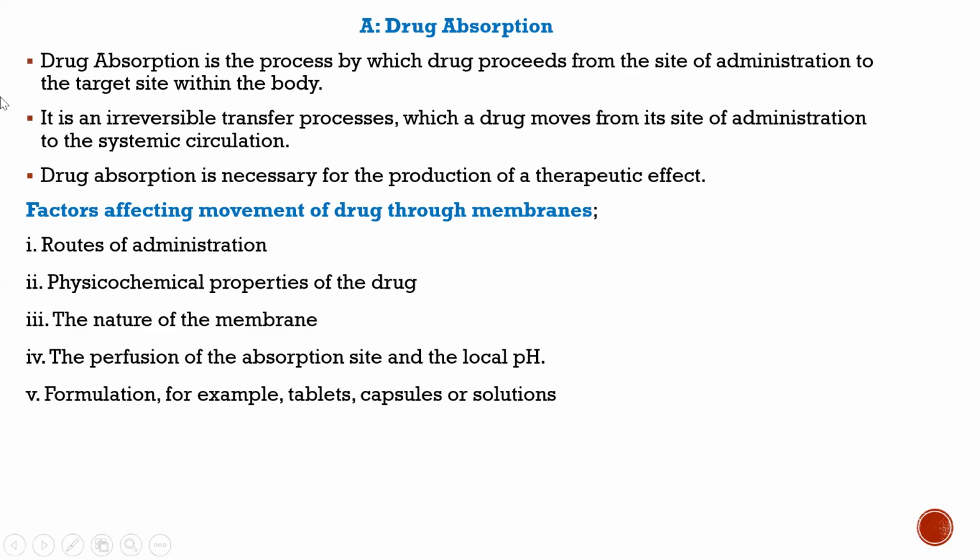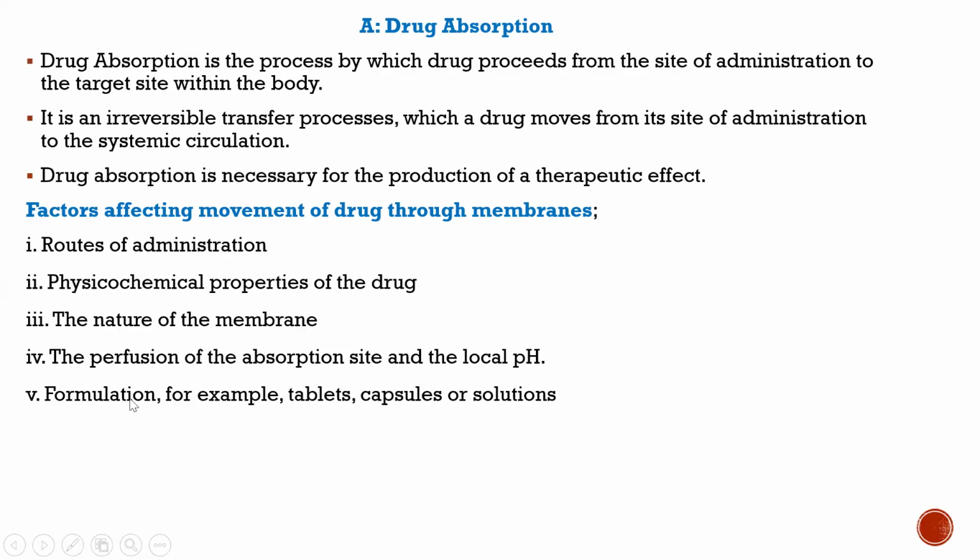Okay, so factors that can affect movement of drugs in the body: we have the route of administration, and we're going to be discussing the different routes of drug administration in the coming slides. We also have the physical and chemical properties of the drug. We have the nature of the membrane. Is it a permeable membrane? Is it a membrane that easily allows things to pass through it, or one that doesn't? The perfusion of the absorption site, and then the pH.